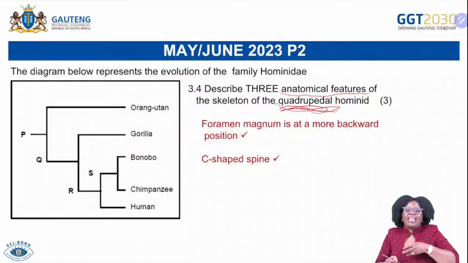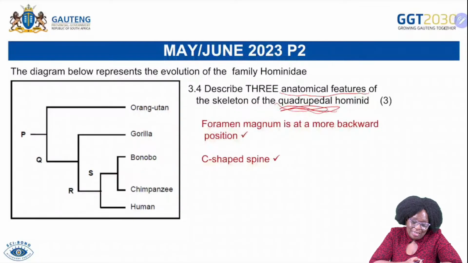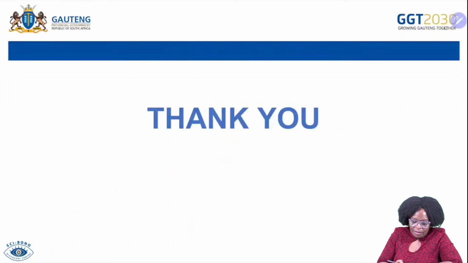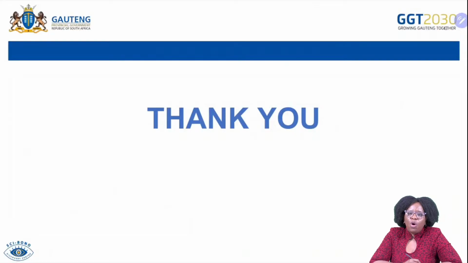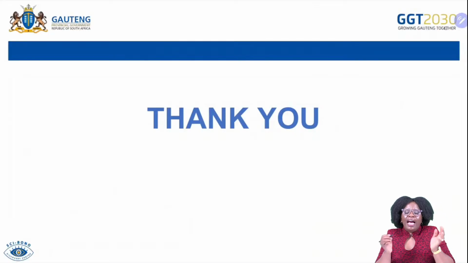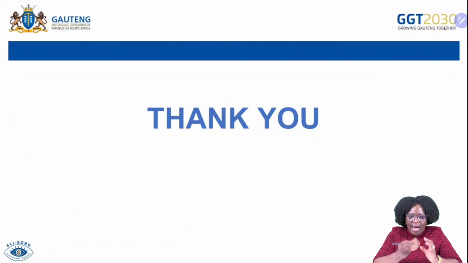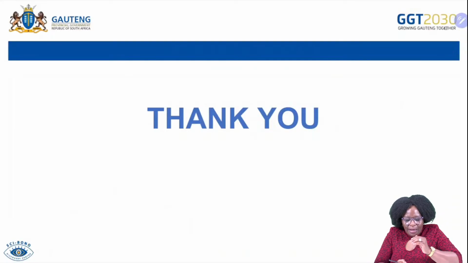They cannot have an S-shaped spine like the bipedal organisms. And they also have a narrow and longer pelvic girdle. So that allows them to be quadrupedal.